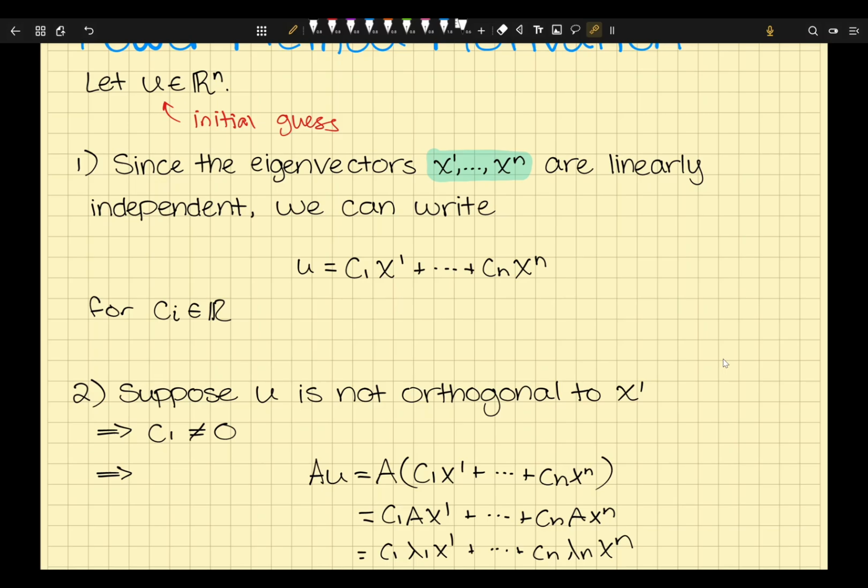That's the whole point. Maybe I should just say that this implies that c1 lambda 1 x1 is not zero, so that it appears somewhere in our equation. Okay, if that's clear, I'll keep moving on.